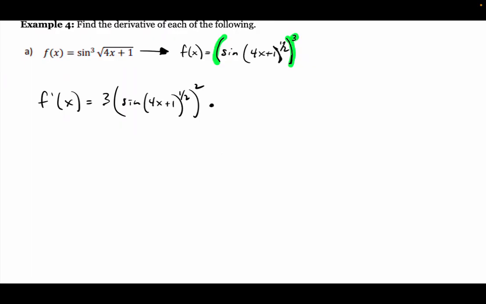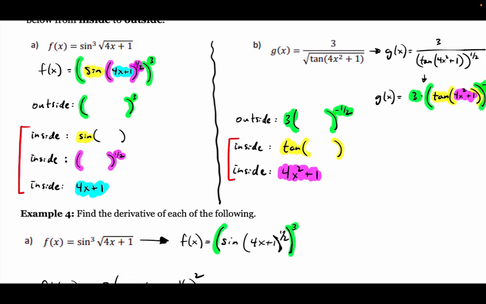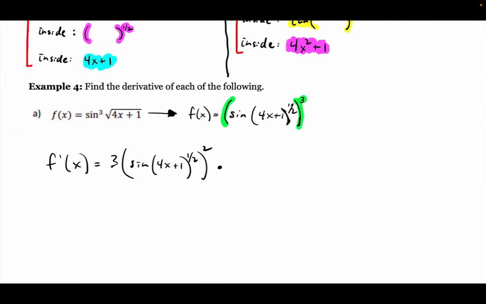And then I need a chain. Chain means multiplication. Okay. The next layer was sine of something. So now I've got to figure out the derivative of sine of anything. It's just cosine, right? Okay. So that was the second layer.